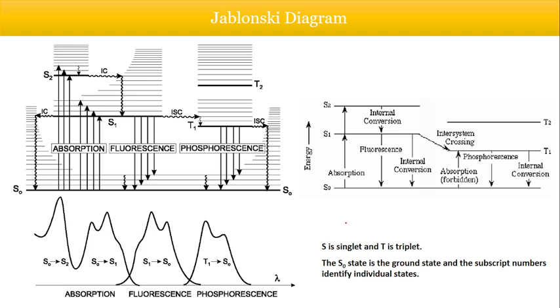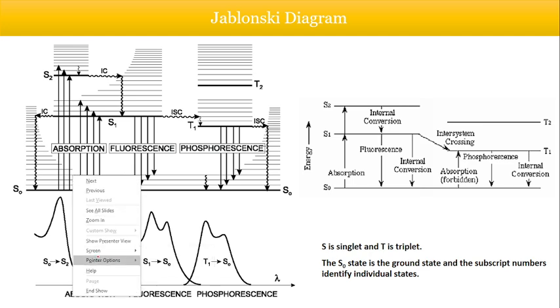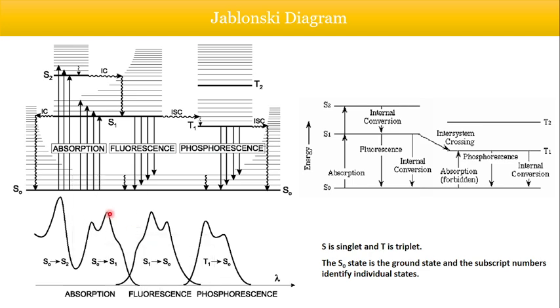So S is the singlet state and T is the triplet state. Now we are exciting electrons from the ground state level to the higher levels, say S1 and S2.